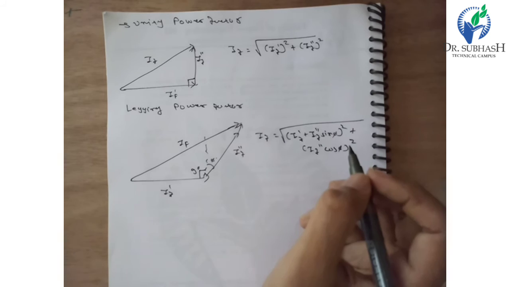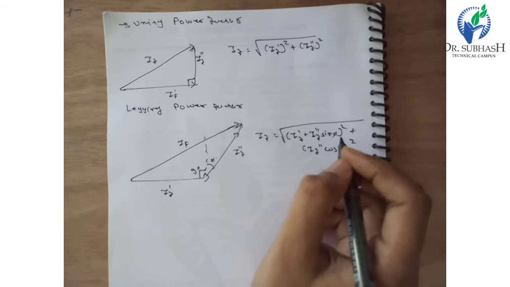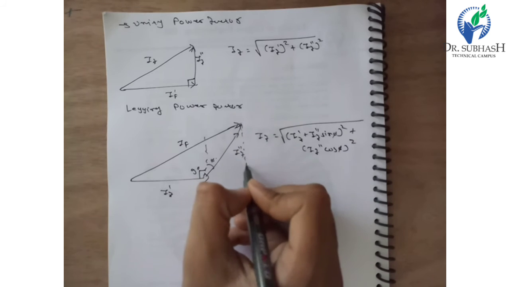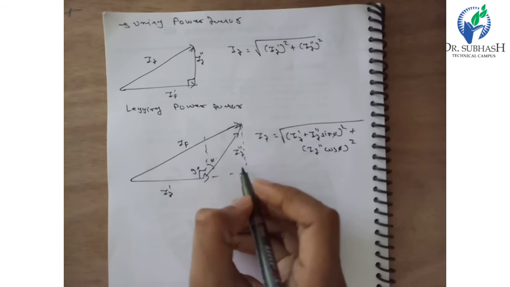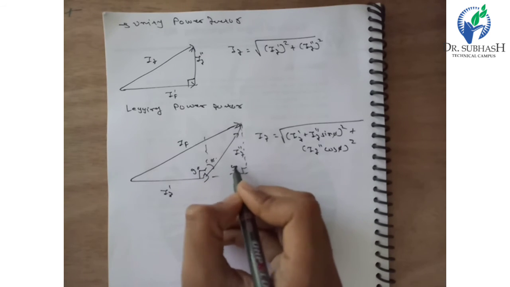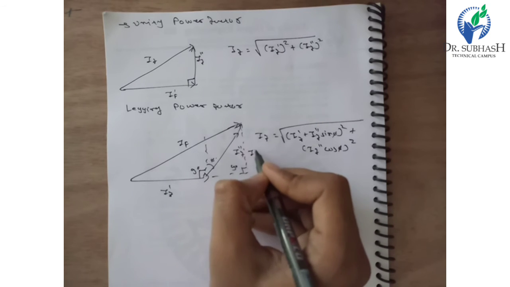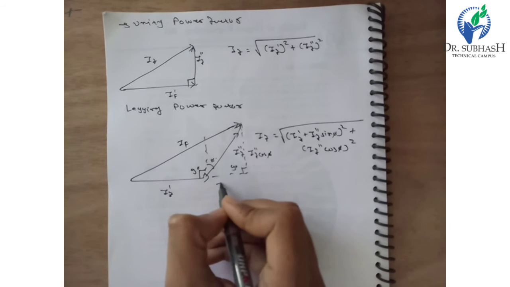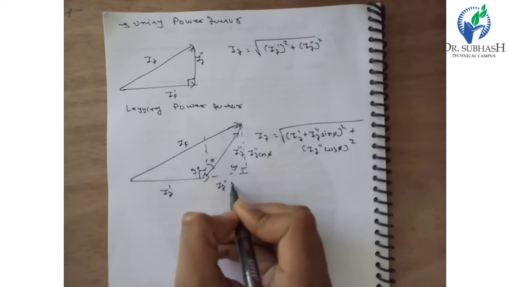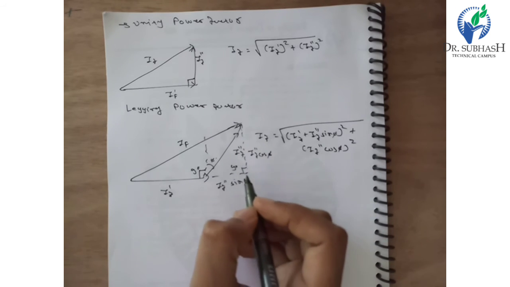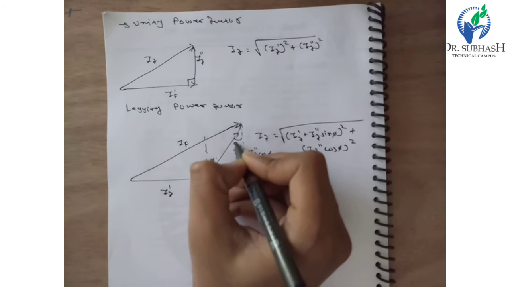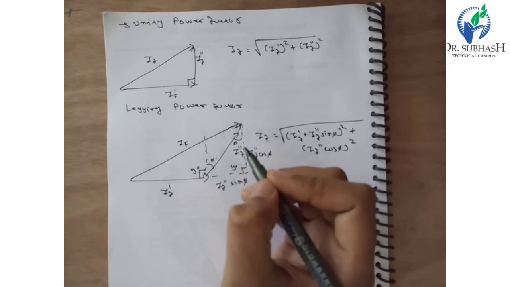Here we take the cosine and sine components for this purpose. For the cosine and sine components, since there is a 90 degree between them, the values are IF double dash cos phi and IF double dash sin phi. There is a phi angle, so this angle will also be phi.